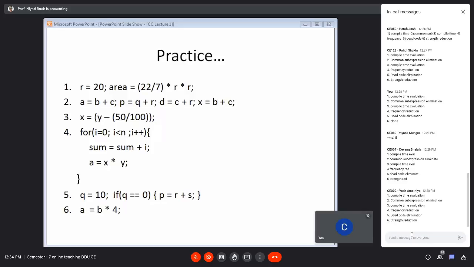You add R plus S, you add S to R and assign it to P. But will that ever get executed? No. Why not? Because the value of Q is 10, and it is never going to equate to 0. So the condition will never be true, and the statements inside the if block will never get executed.